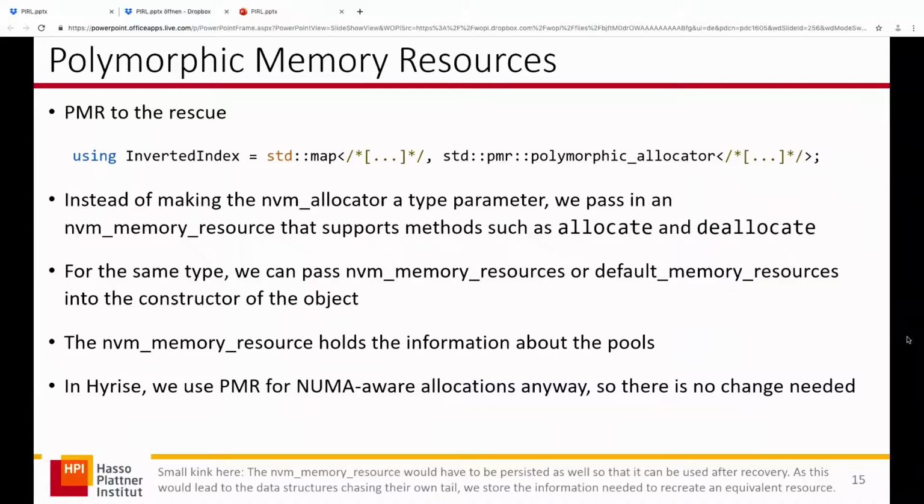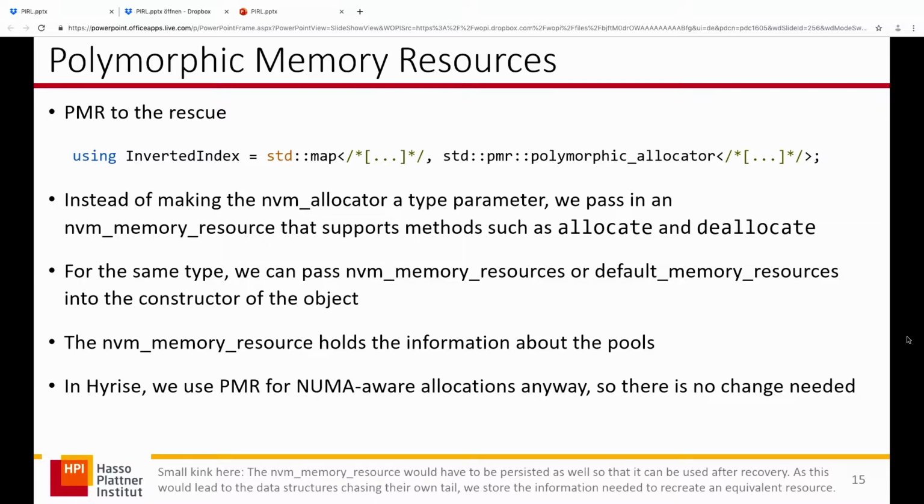Okay, so the way we solve that is something called persistent polymorphic memory resources. Polymorphic memory resources or polymorphic allocator being a concept in the standard library where you actually type erase the type of your allocator and hide it in a polymorphic allocator. So you use a virtual method call to find out which allocator you're actually internally using, and through that indirection, you call allocate either on DRAM or on NVM.